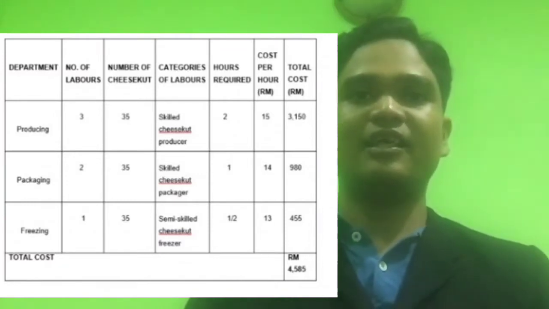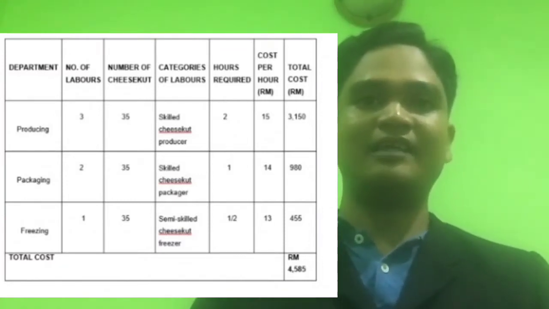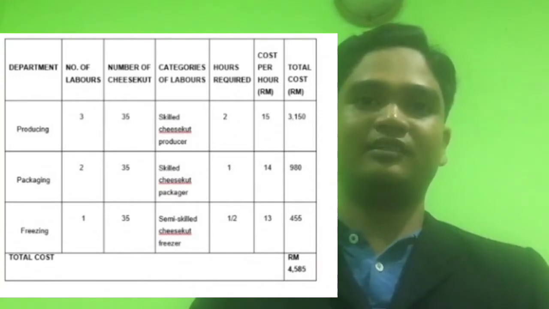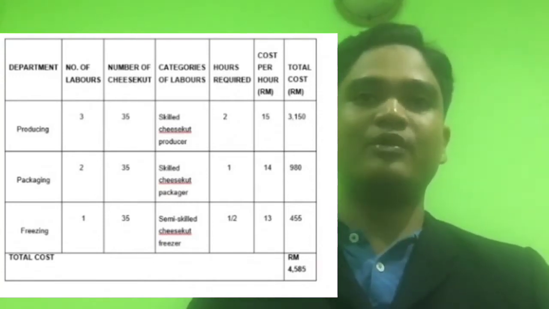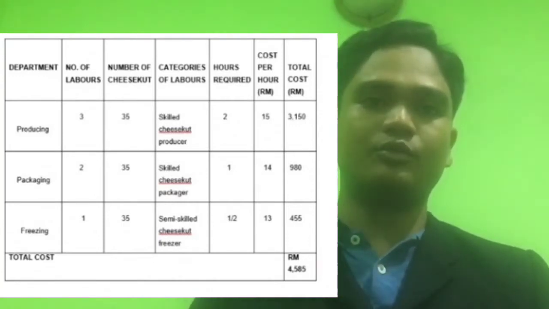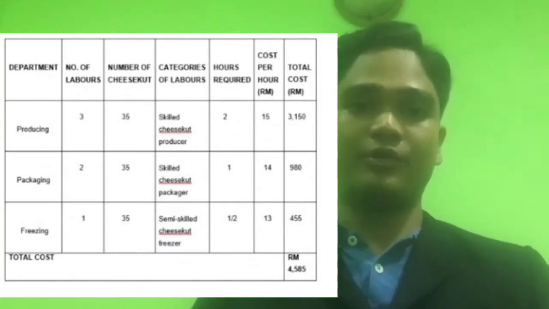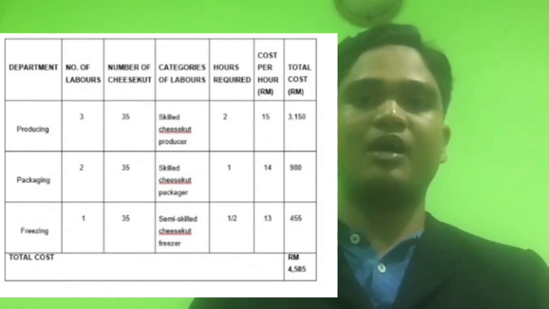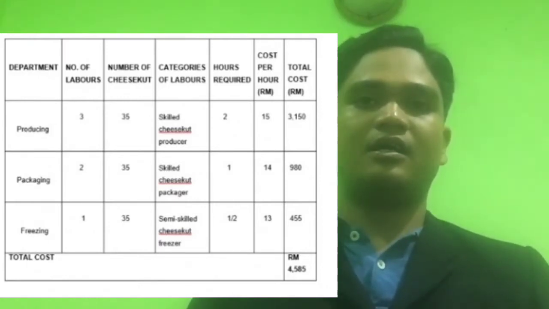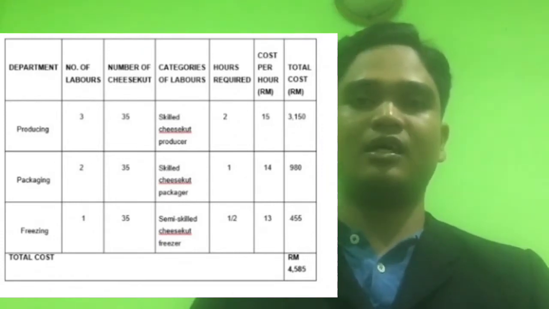The category of labor is high skill, and the hours required to produce the cheesecoats is 2 hours. The cost per hour is 15 ringgit, and the total cost of production is 3,150.